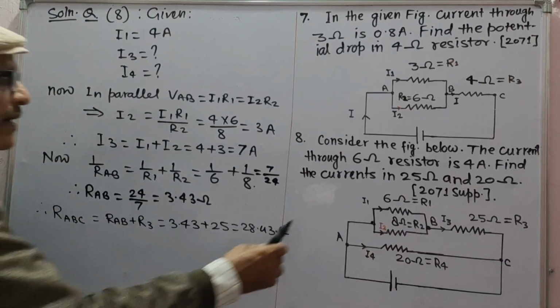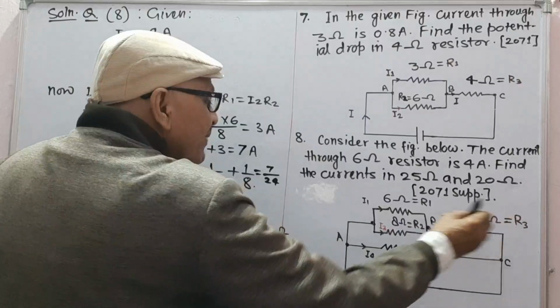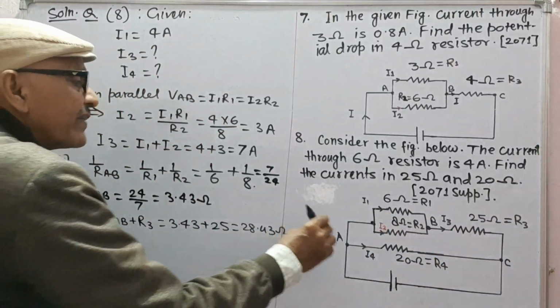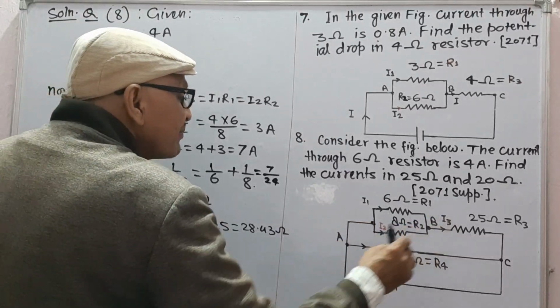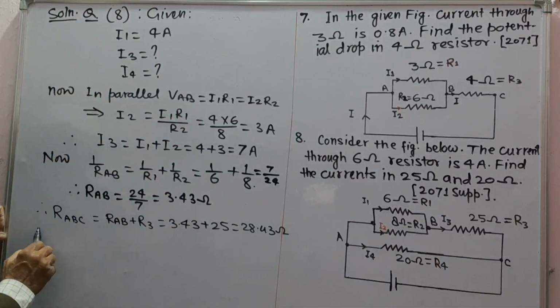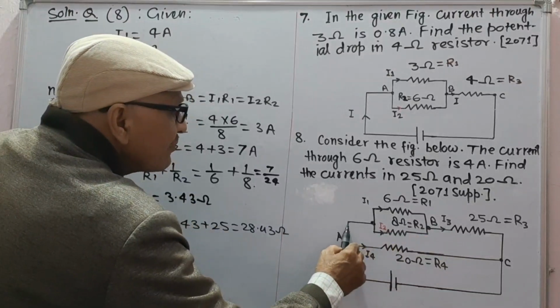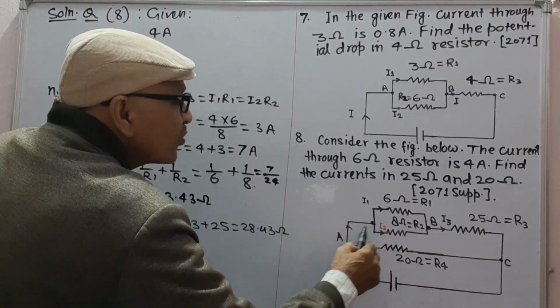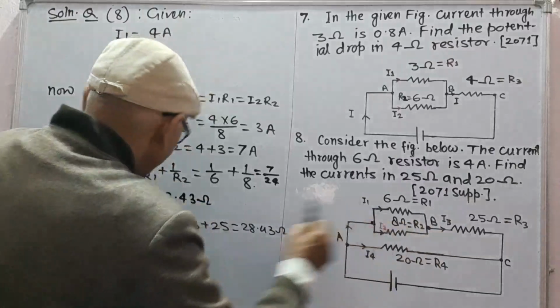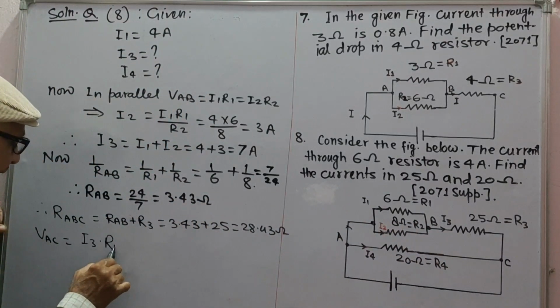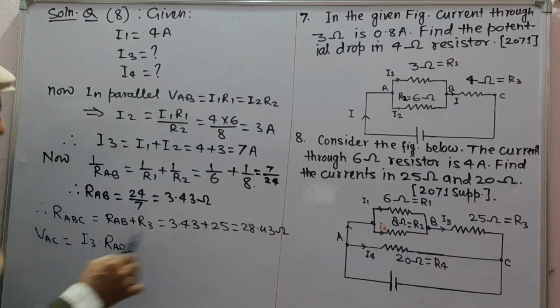Now, this upper branch and lower branch being parallel, potential difference between points A and C will be same, that is VAC will be equal to I3, because I1 plus I2 is I3, into RABC.